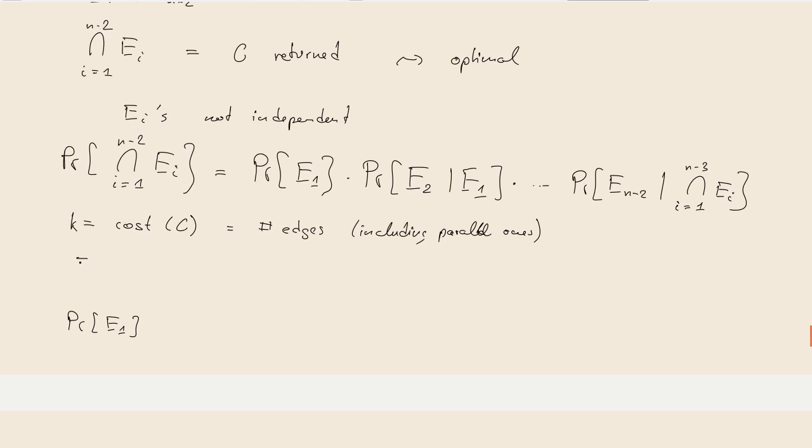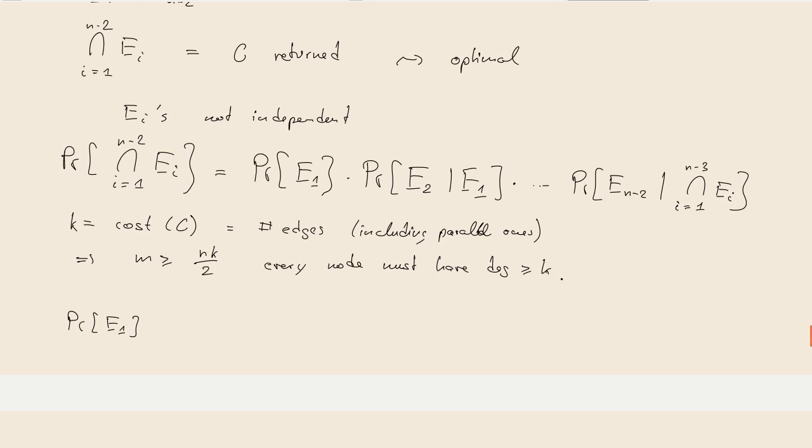Then we know that the graph must have at least n times k half edges, because every node must have degree at least k. Because if there was a single node with degree k minus 1 or smaller, we could just cut out that node and have a better, smaller cut.